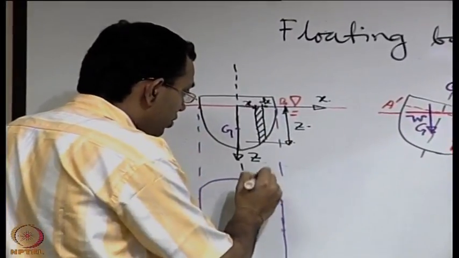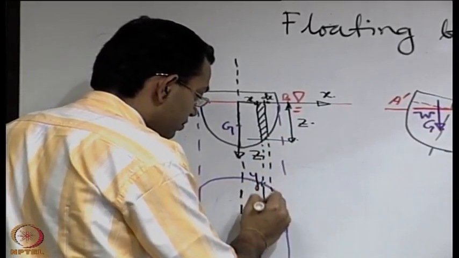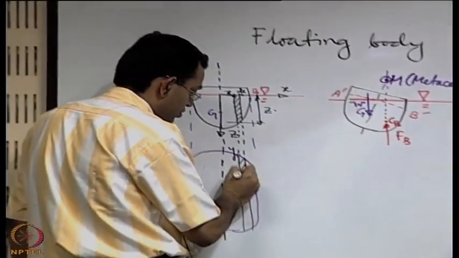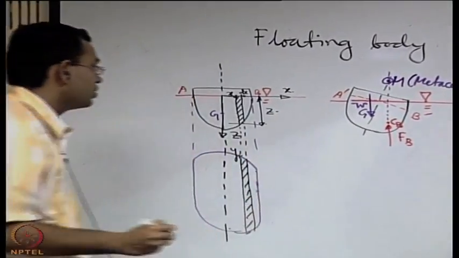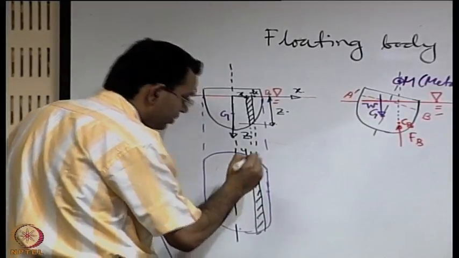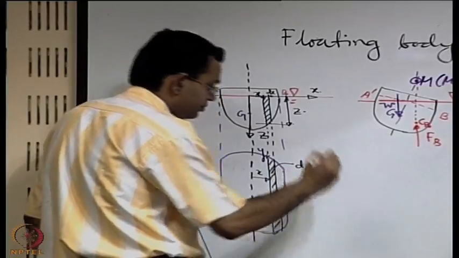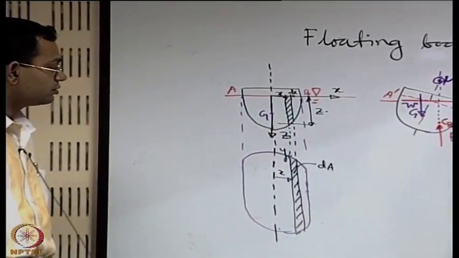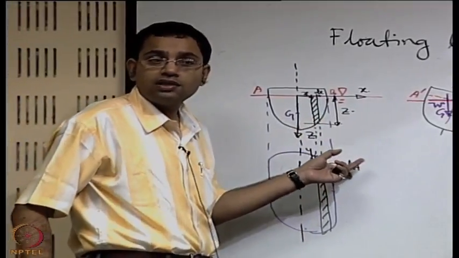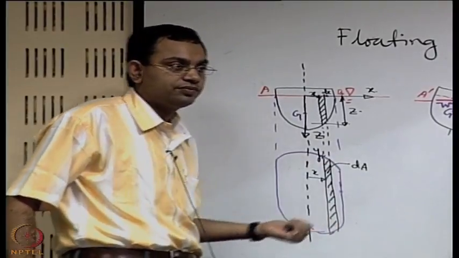So this element, if you look into the other view, will be like this, which is basically located at a distance x from the y axis. Let us say that this shaded area is dA. So you can say that z into dA is a representation of the elemental volume of this shaded portion.